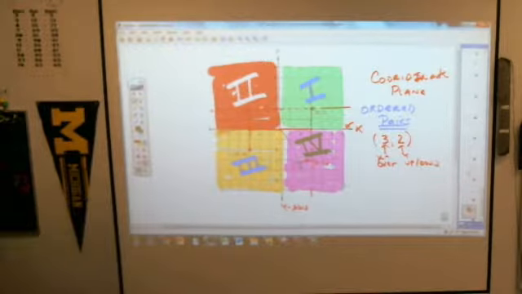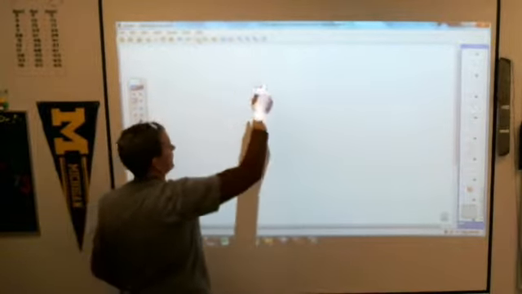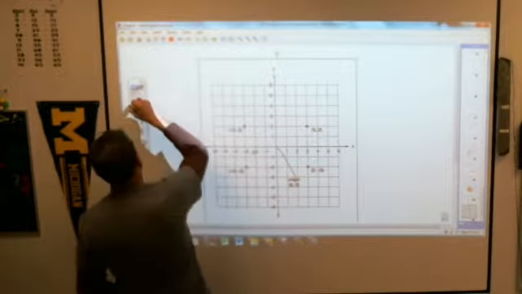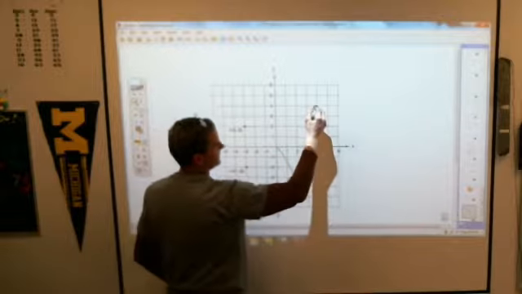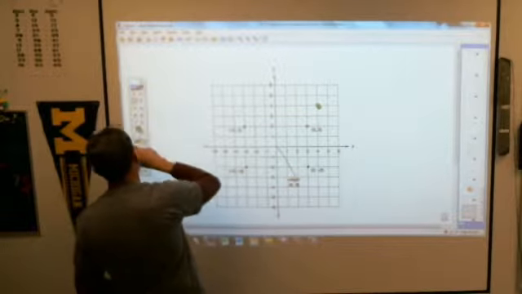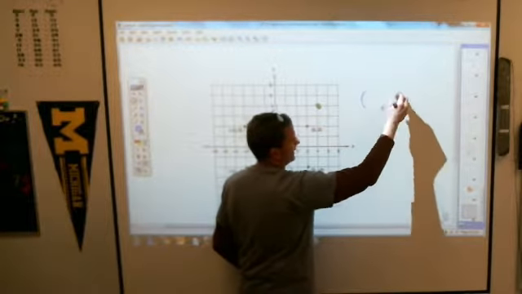Now let's do ordered pairs and coordinates. Let me do a fresh page here. Let's say I have this dot here, and I ask you for the coordinates of that dot. The first thing I would do is put a parenthesis and a comma.